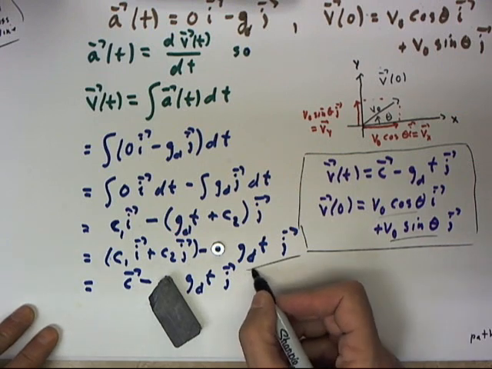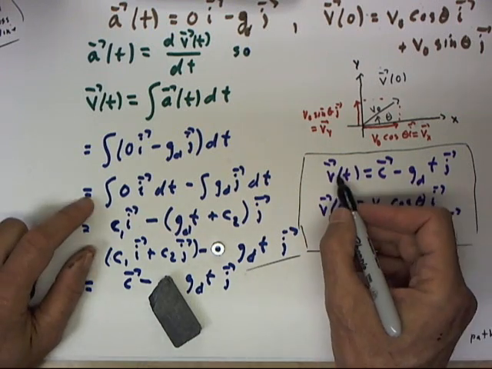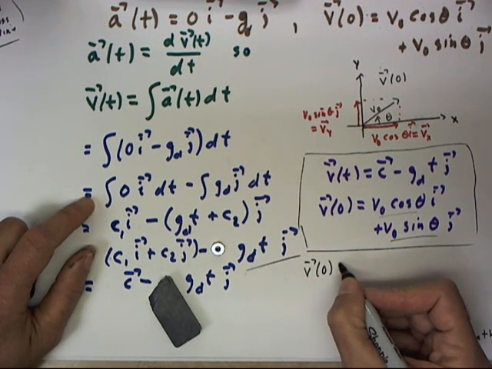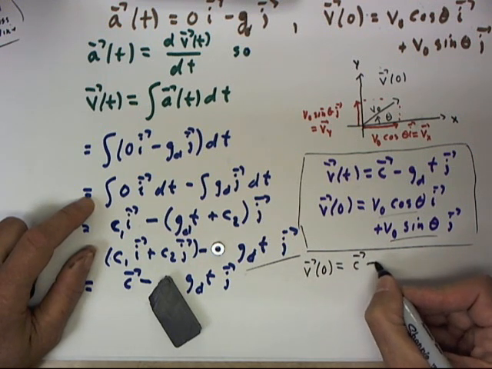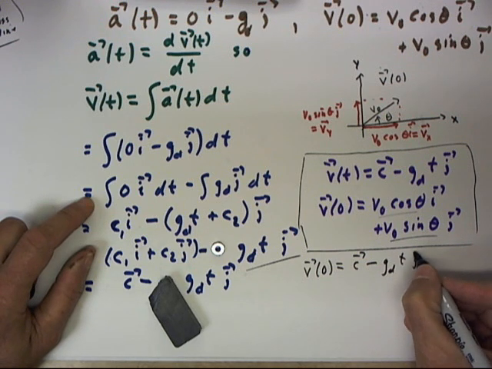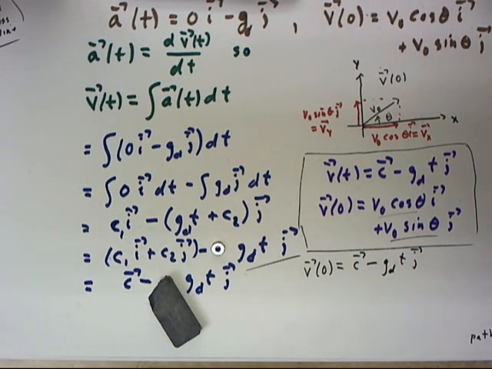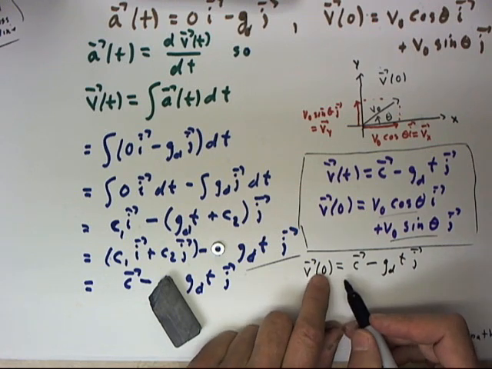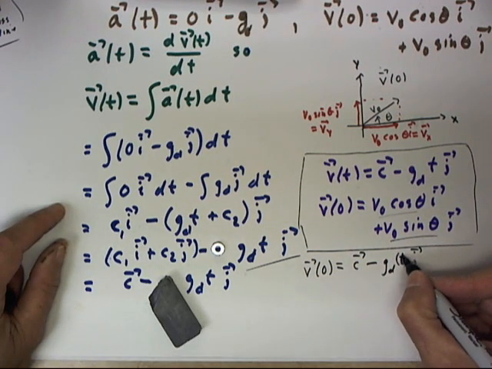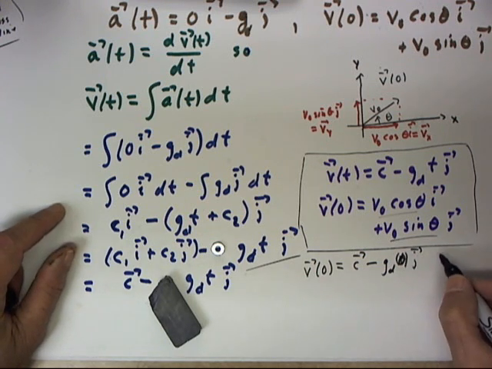Now, if I plug 0 in here, I find that v of 0 is equal to c minus g sub d times 0 times j, which is just equal to c.